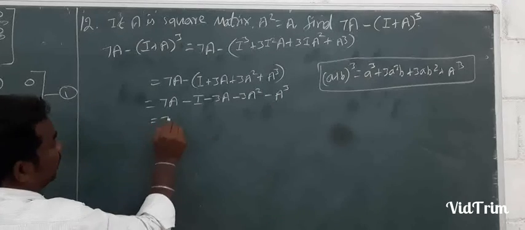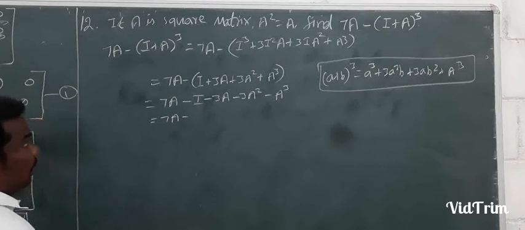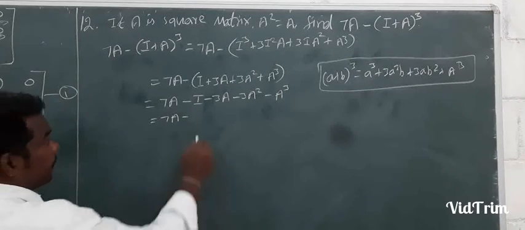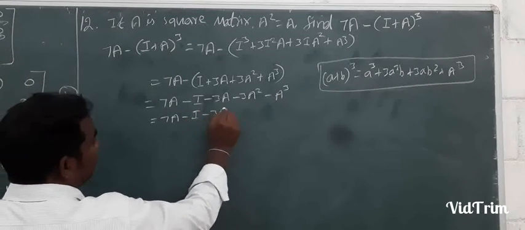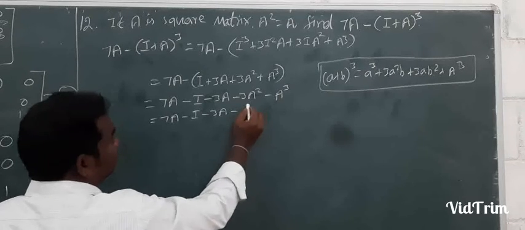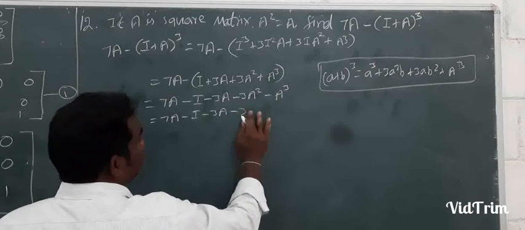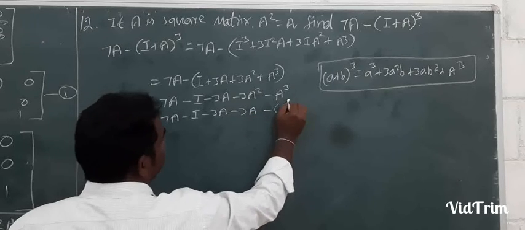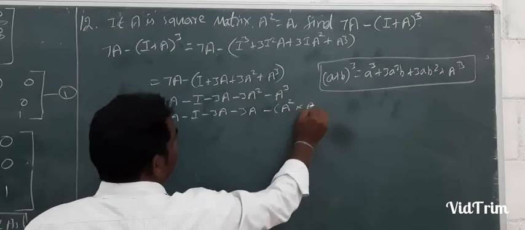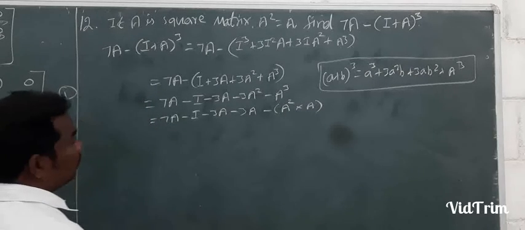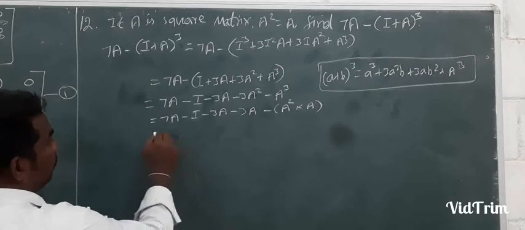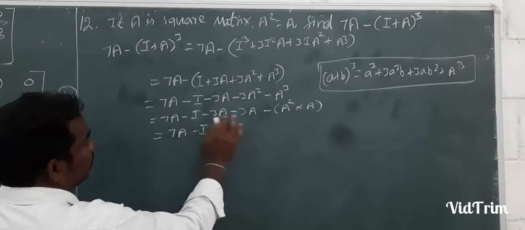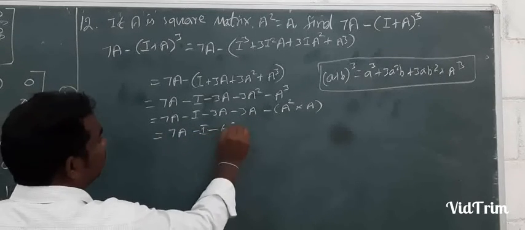Next we expand the A values, because in the question they are giving A square is equal to A. Minus I minus 3A and minus 3A square, we will write A, and here A cube is A square into A. 7A minus I, 3A and 3A is minus 6A.